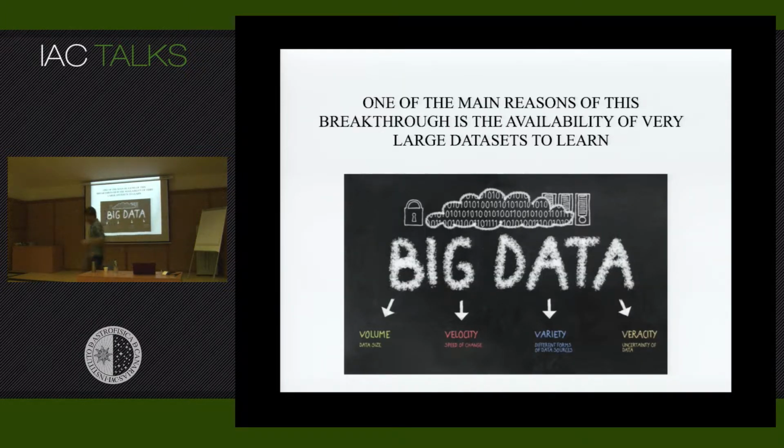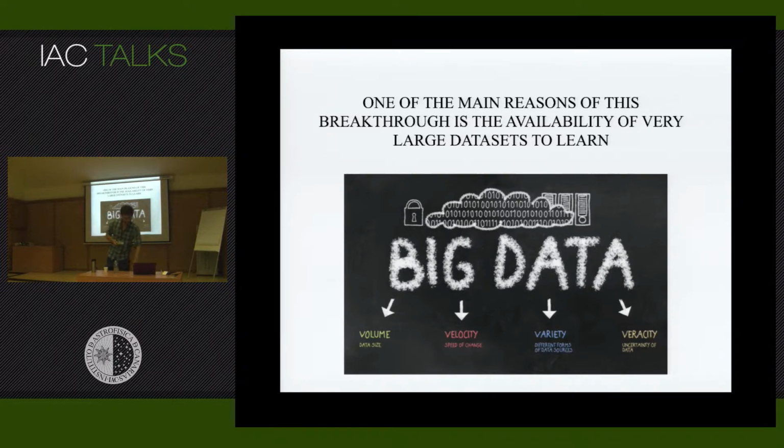So why is this a breakthrough? To come back to this mix of terms, very often artificial intelligence comes with big data, and it's not necessarily the same thing. However, most of this breakthrough in artificial intelligence is actually driven by big data, because we have more large data sets available to train, and this is something I will emphasize later on.